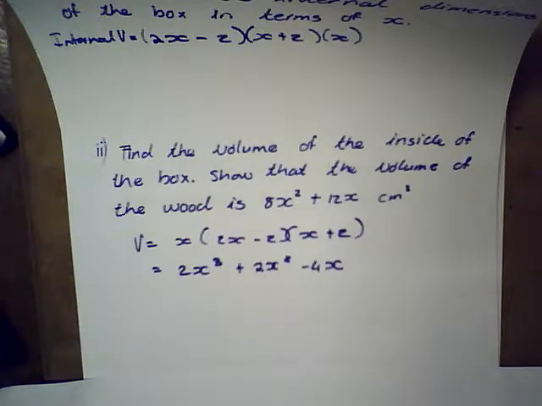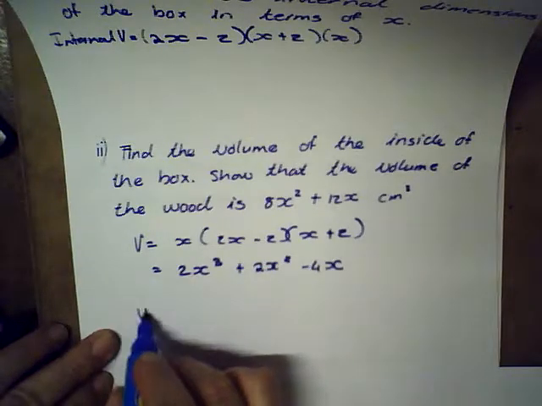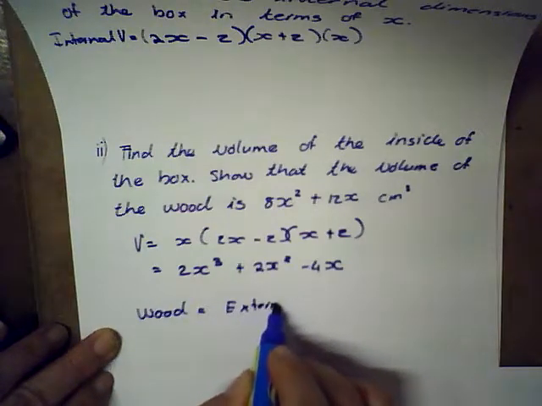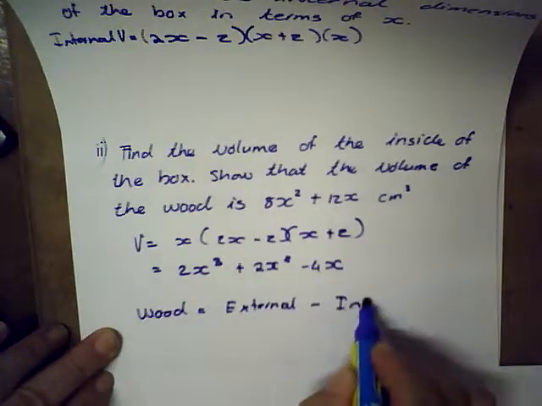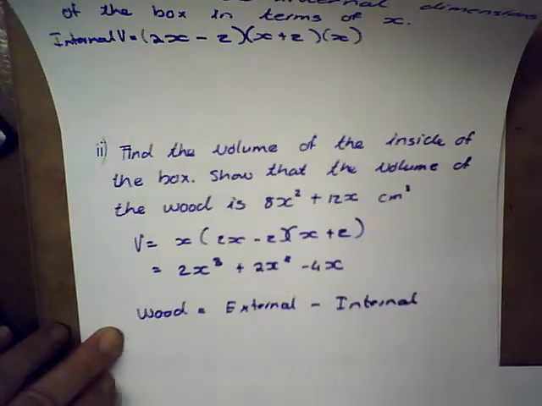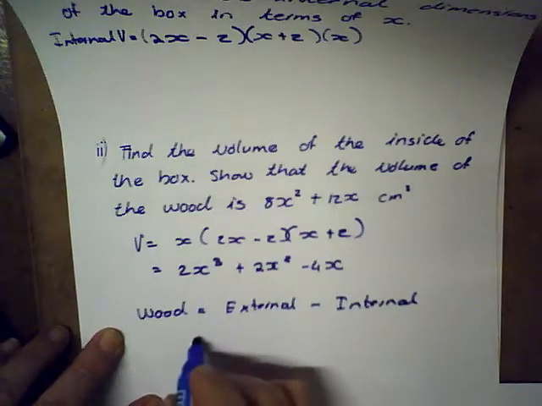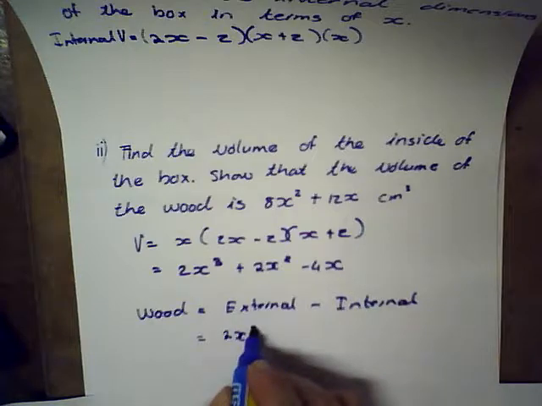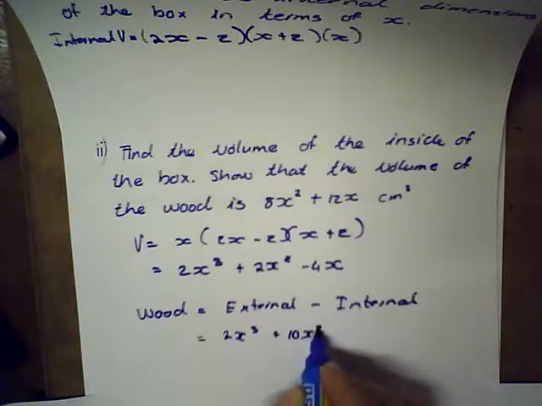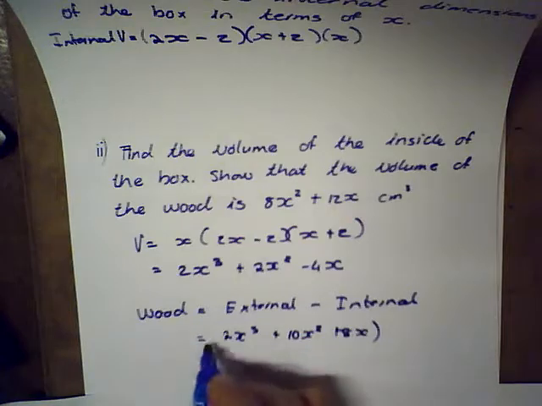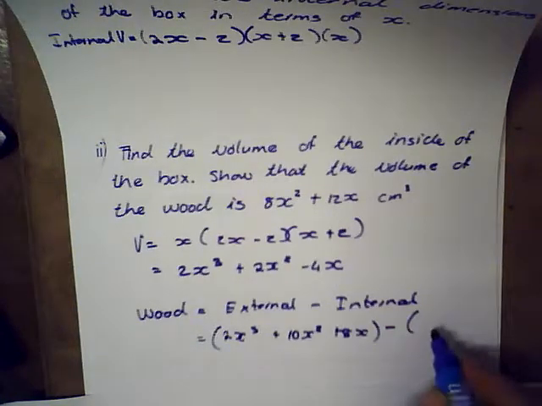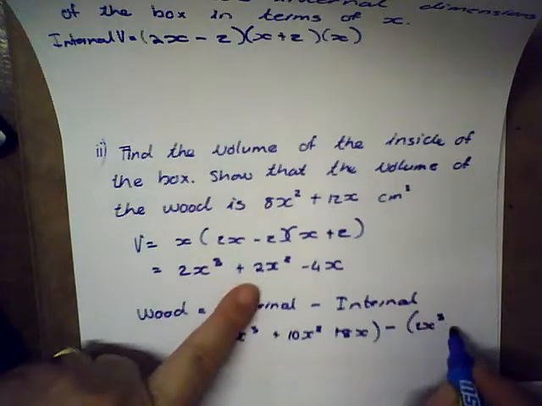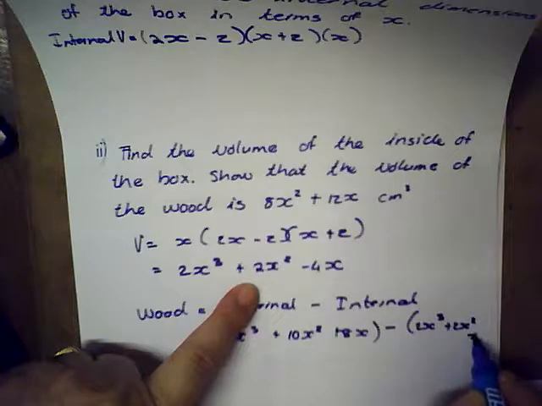Now, that's not the volume of the wood. The volume of the wood is the external minus the internal. That would give you the volume of the wood. Okay, so the external, we know that was 2x cubed plus 10x squared plus 8x, just keep it in brackets, minus the internal volume that we've found just there, 2x cubed plus 2x squared minus 4x.